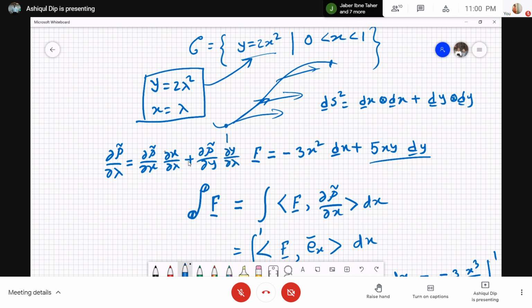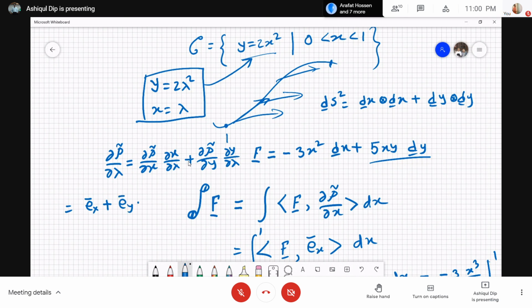That I didn't do. Delta p tilde by delta x is ex, and delta x by delta lambda is just 1. Then delta p by delta y is ey times delta y by delta lambda.